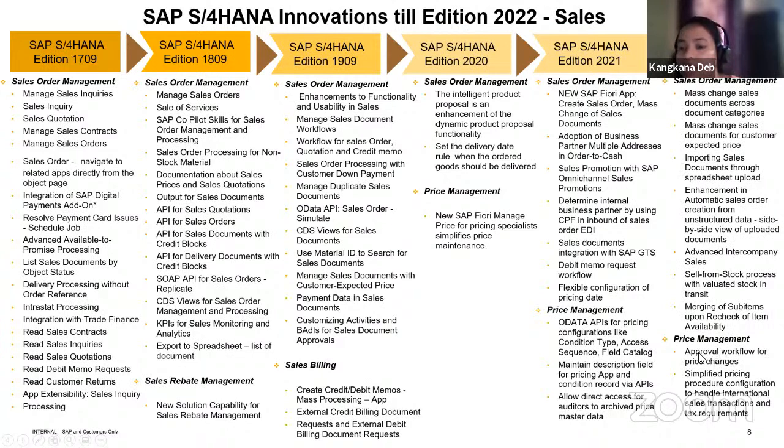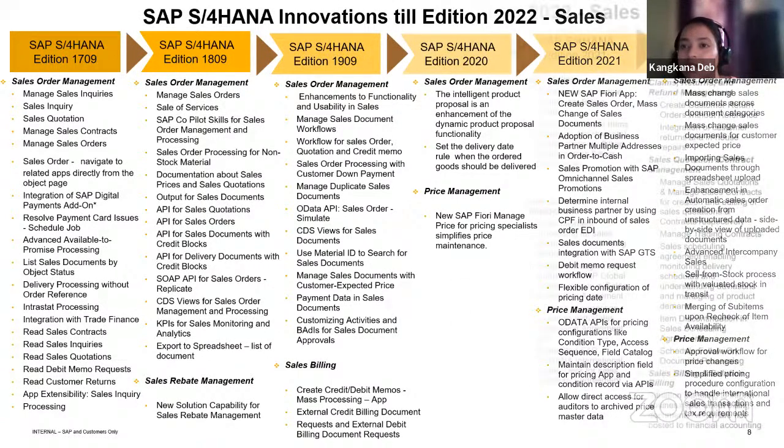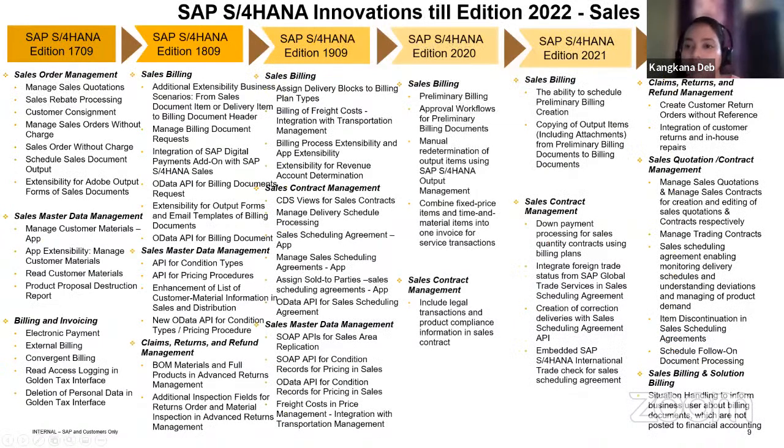Moving forward, in price management, we have approval workflow for price changes and simplified pricing procedure to handle international sales transactions and legal tax requirements. In claims and refund management, we have integration of customer returns with in-house repairs.